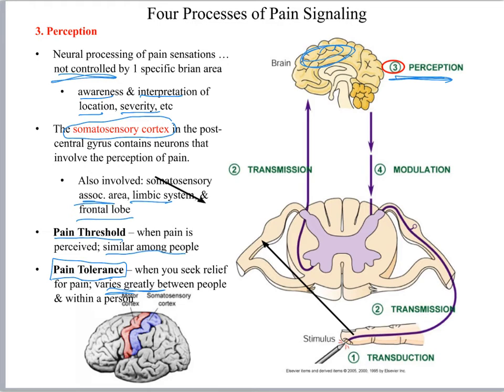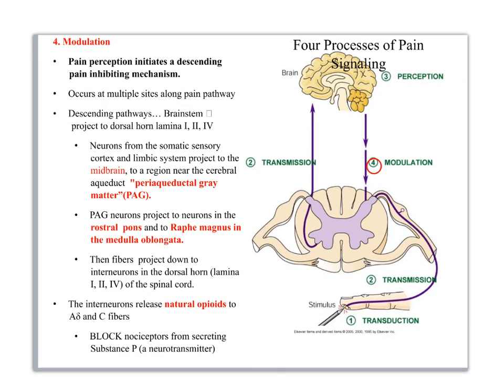So, for example, when they've done studies with women prior to child labor and then during child labor, women's pain tolerance goes up during child labor, so that they can take the pain a lot better than they would when they're not in labor. Okay. All right. I think we got one more slide and then we'll finish this.